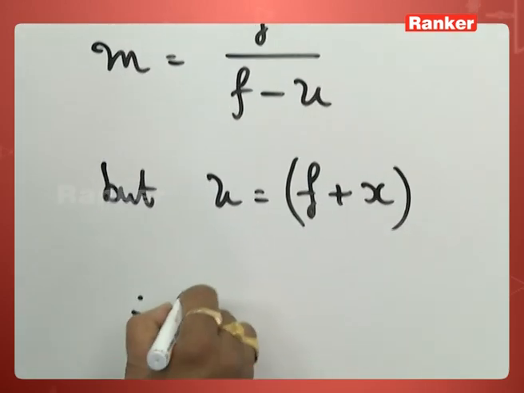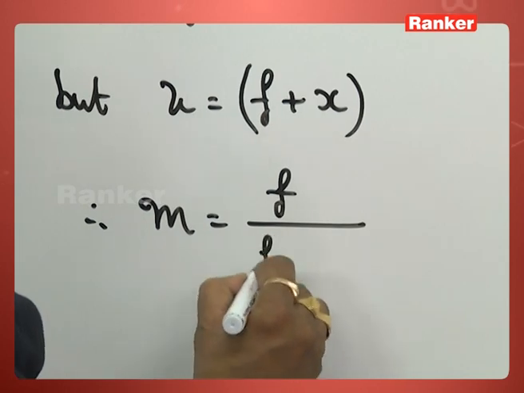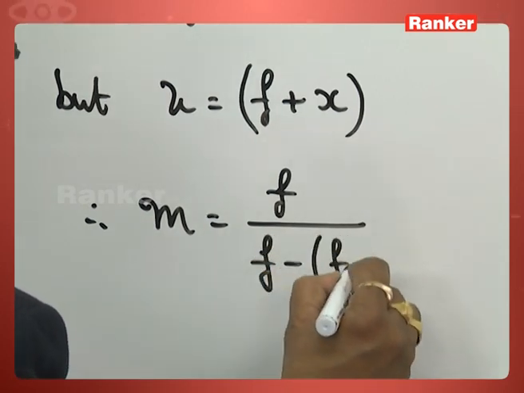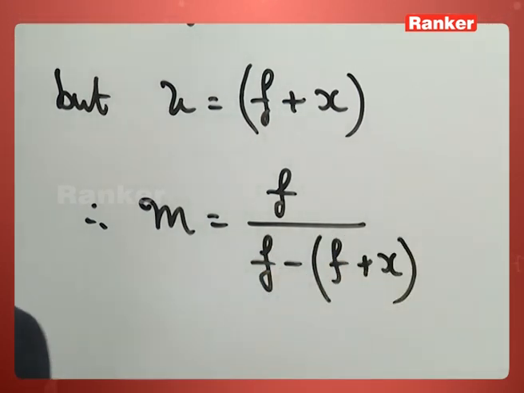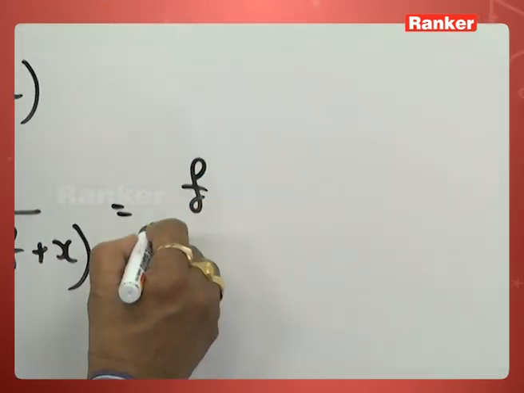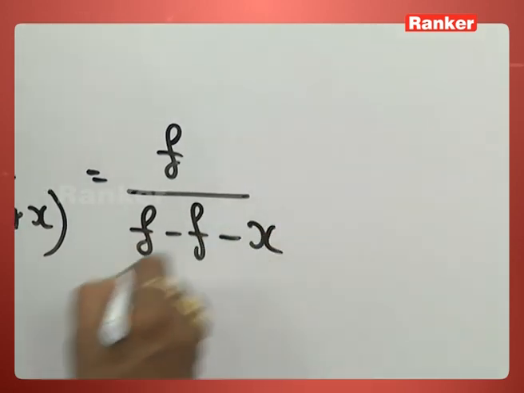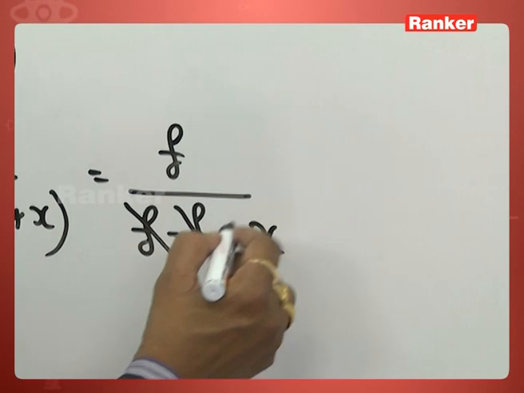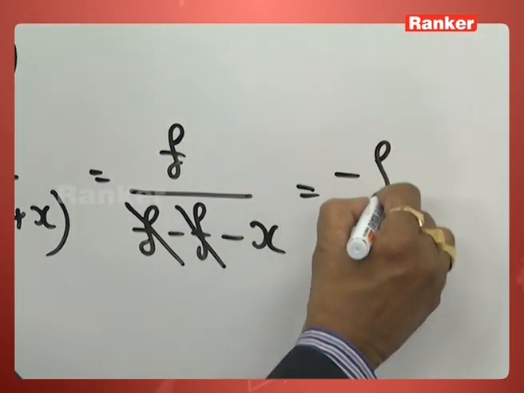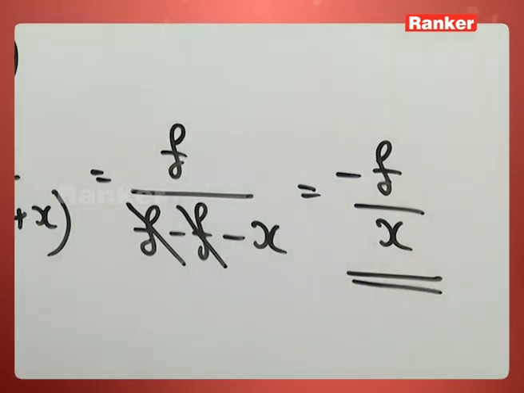Therefore, magnification is equal to f by f minus (f plus x). You can now rewrite the same this way, f by f minus f minus x. This f gets cancelled, and you are now left with f by x with a negative sign.